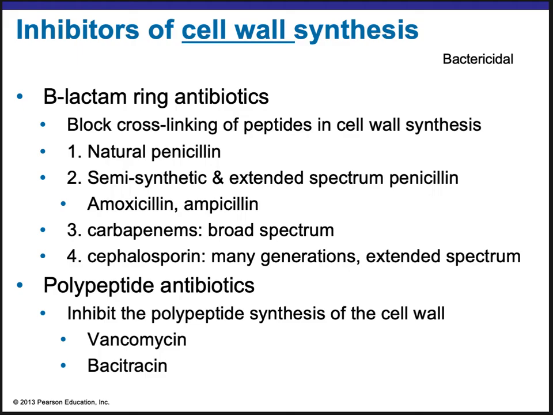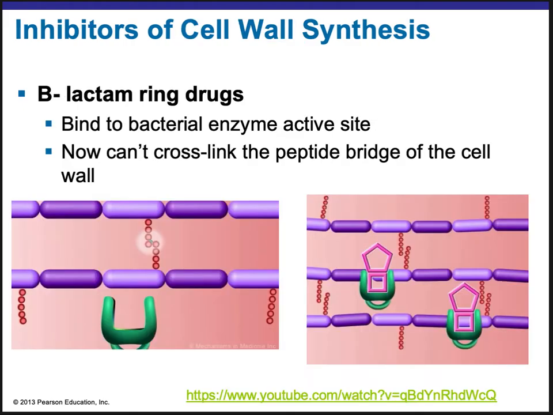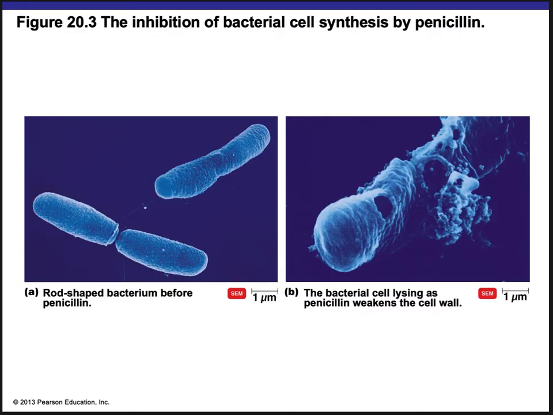So by interfering with those peptide cross links, there's nothing to hold the layers of the carbohydrates together in place, and then it becomes weak, and it gives out under osmotic pressure, and the insides of the cell contents will leak out. And the cell could completely lyse open, burst open, which I have an image of right here.